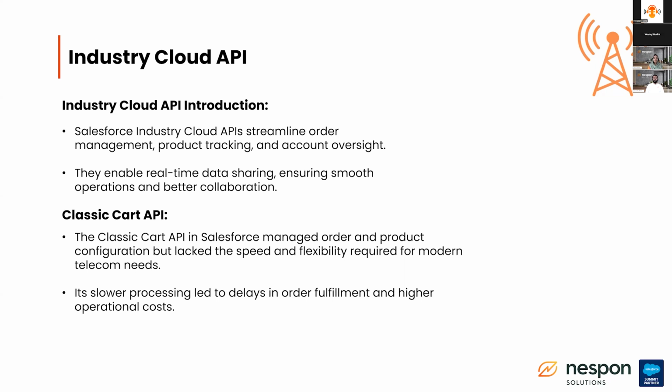But with growing industry demands, it began showing limitations. It lacked the speed and flexibility to handle complex product structures and high volume transactions efficiently. As customer expectations rise, telecom companies need a more responsive and adaptive system to meet their operational goals, highlighting the need for an optimized system.